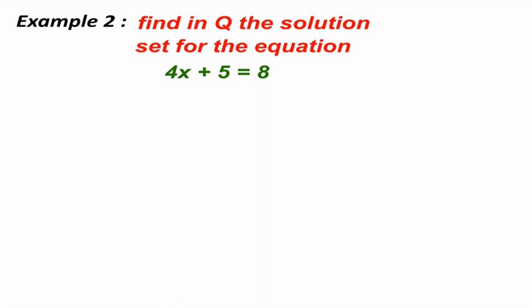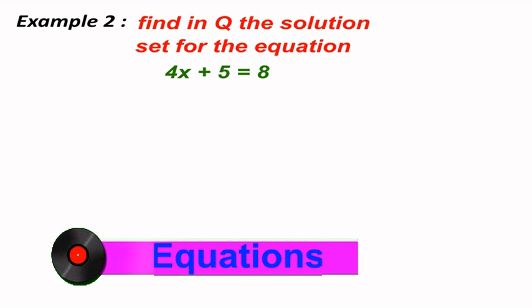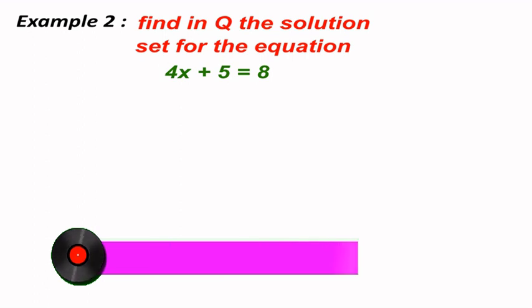Example 2. Find in Q the solution set for the equation 4x plus 5 equals 8. You know that Q is called the rational numbers, which contains decimals, fractions, integers, and natural numbers.